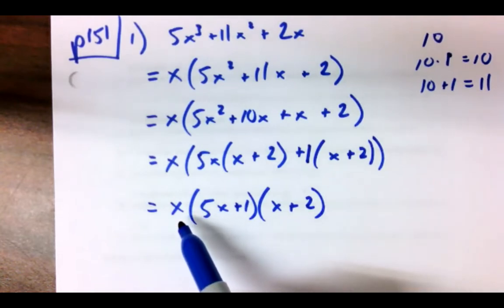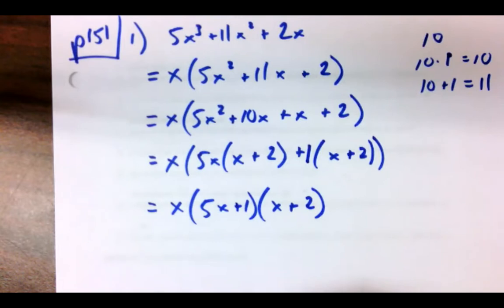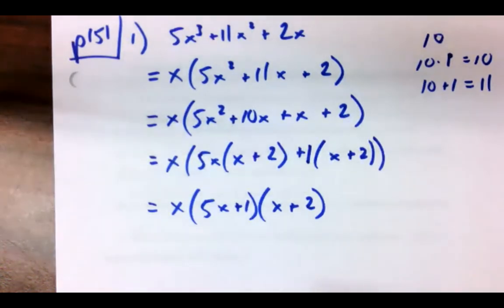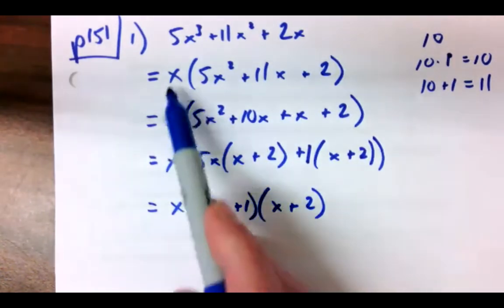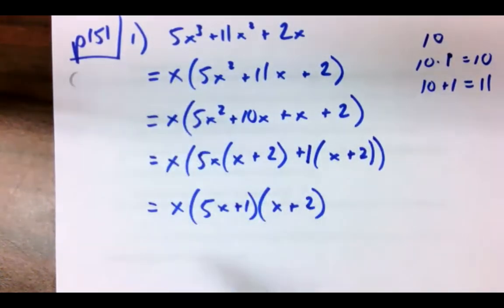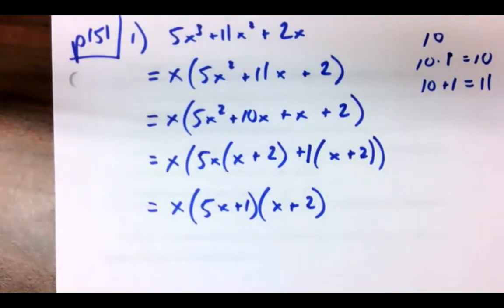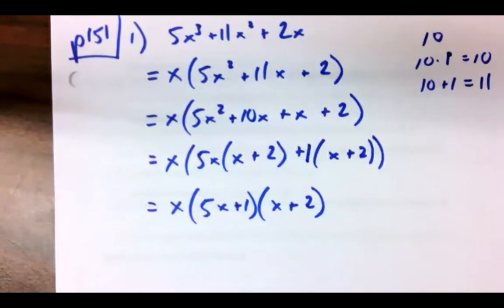Anyways, that x, like I said, it just stays there. This is completely factored. We can't go any further. Any questions about this one? Did I go too fast?